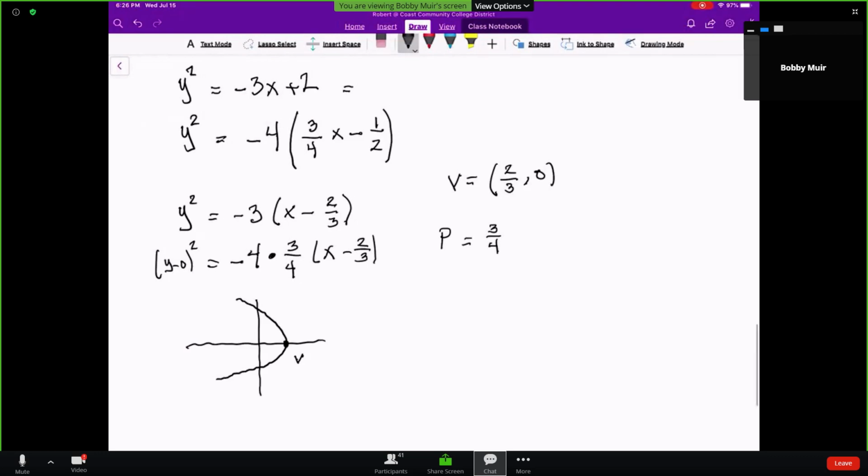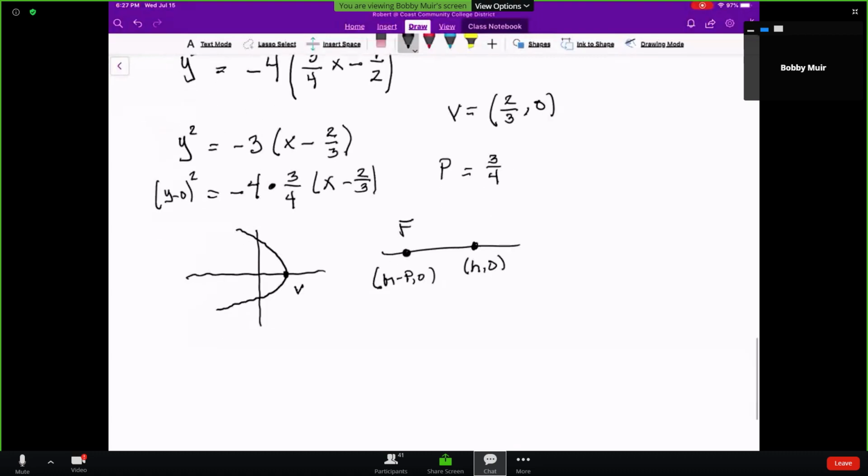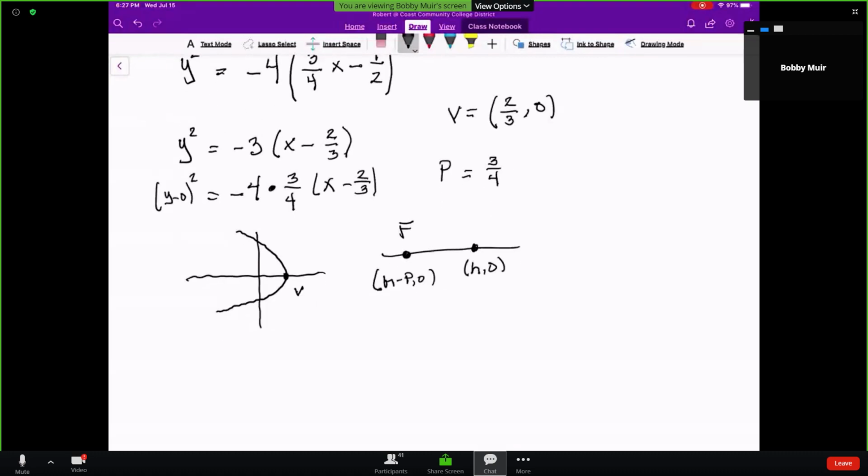So by blowing up this little number line here, if this is where we're at, h, 0, then the focus is going to be h minus p, comma 0. And so the h is 2/3.